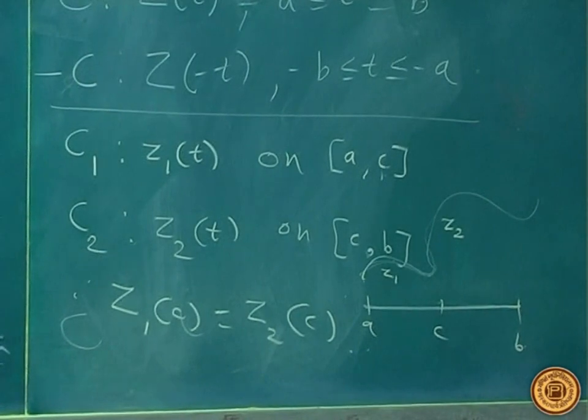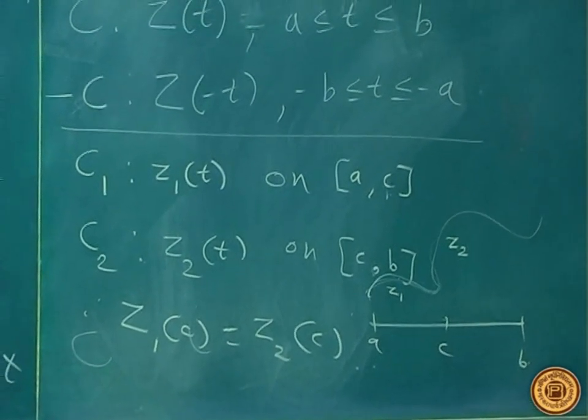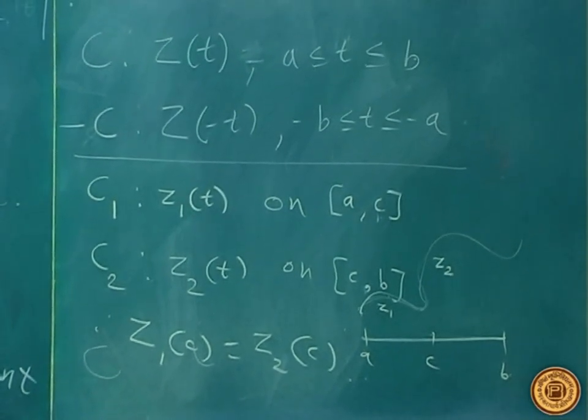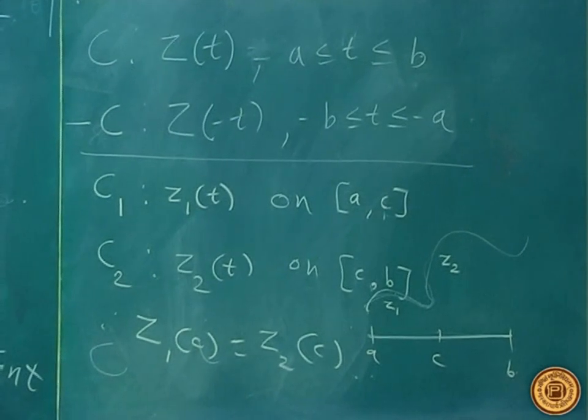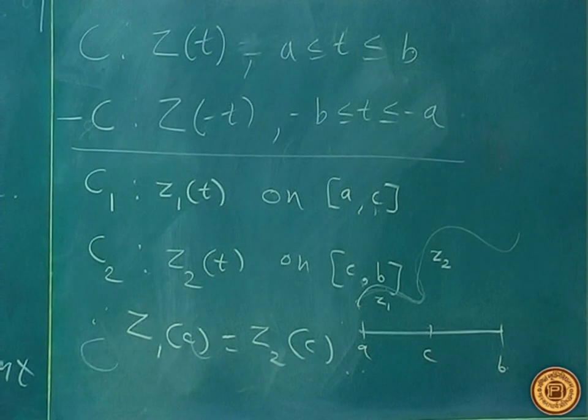So read the definition now. Let C1 be the contour given by Z1(t), A less than or equal to t less than or equal to C, and C2 be the contour given by Z2(t), where C is less than or equal to t less than or equal to B, with Z1(C) equal to Z2(C).